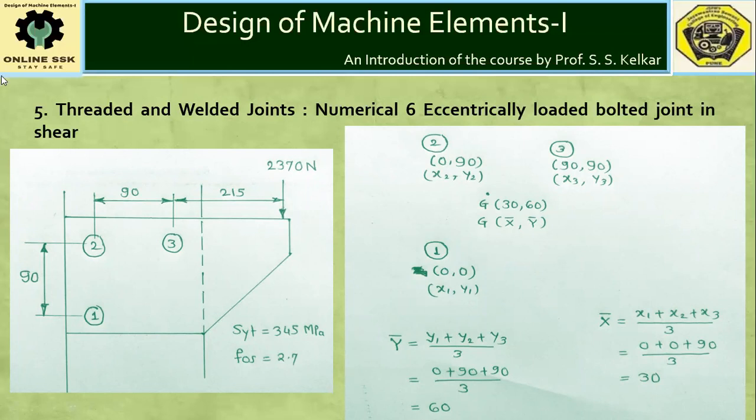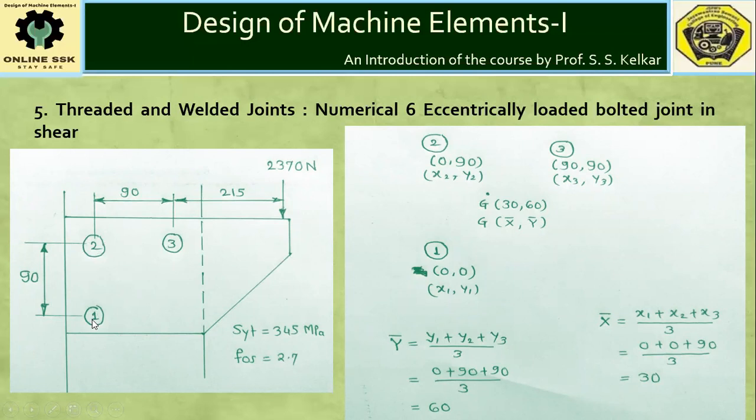For such a case, where one cannot locate the center of gravity by judgment, we have to employ certain considerations for locating it. In such cases, the general procedure to be followed is: assume the lower left bolt's center as the origin of a Cartesian coordinate system.